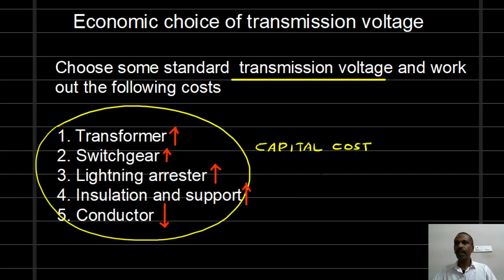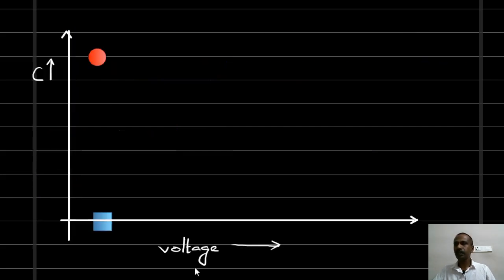So now we have calculated the capital cost corresponding to the second transmission voltage. Now suppose this is the second transmission voltage we have chosen. We find out the total cost corresponding to this voltage.